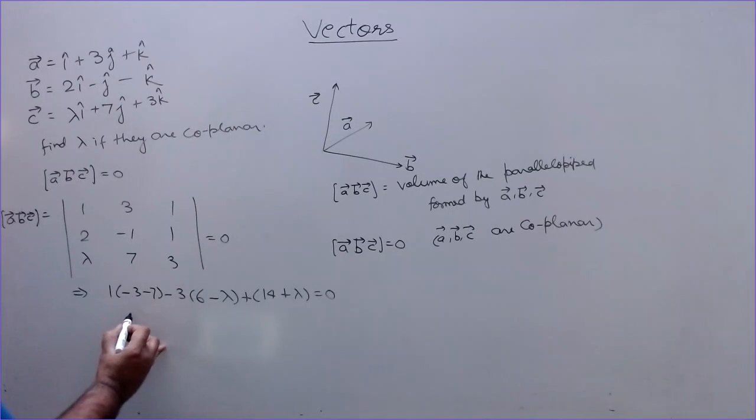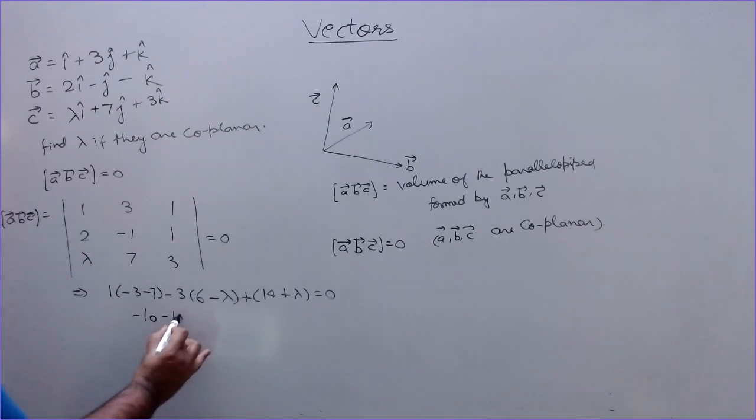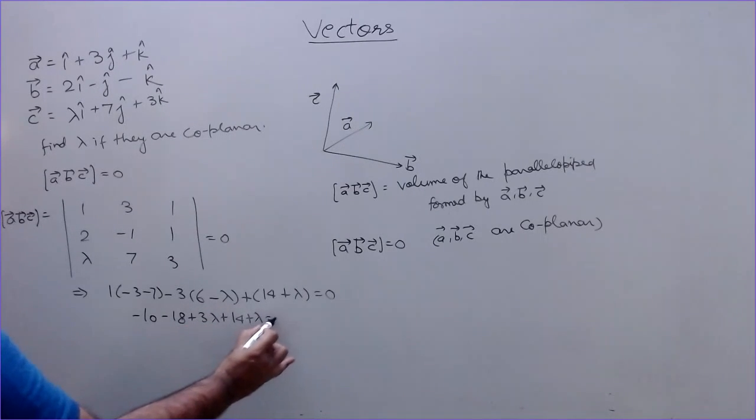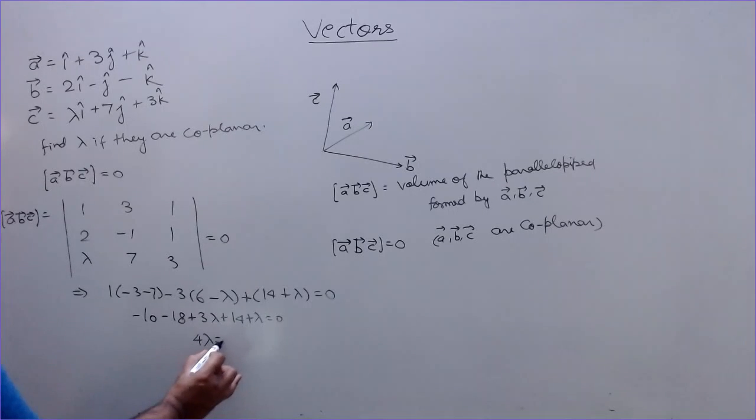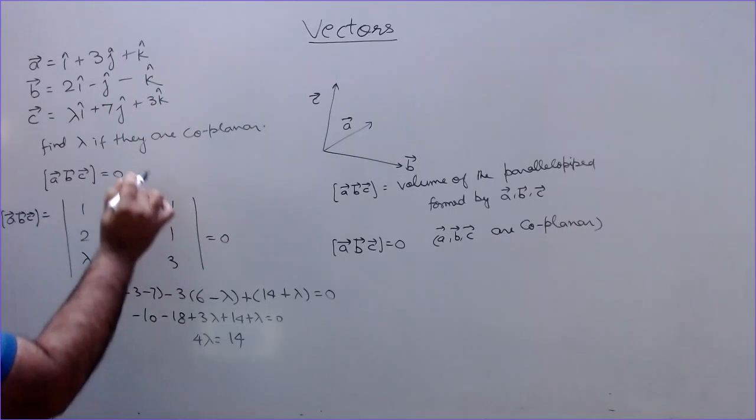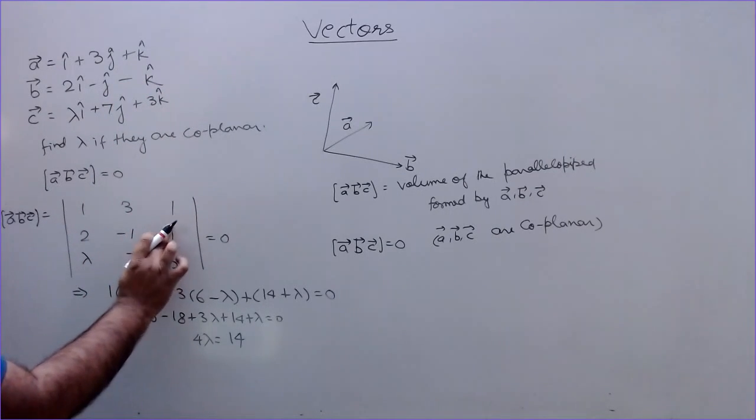So minus 10 minus 18 plus 3 lambda plus 14 plus lambda equal to 0. 4 lambda equal to 14. So here you can get the value of lambda. I think it is minus 1.